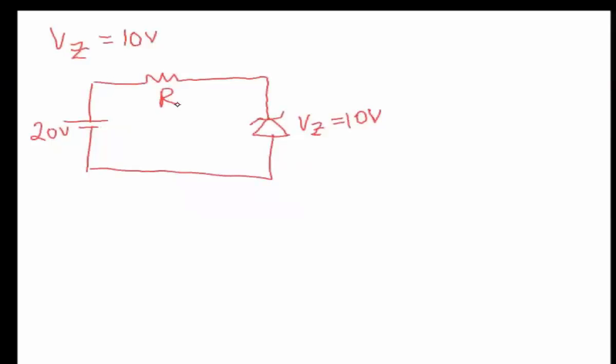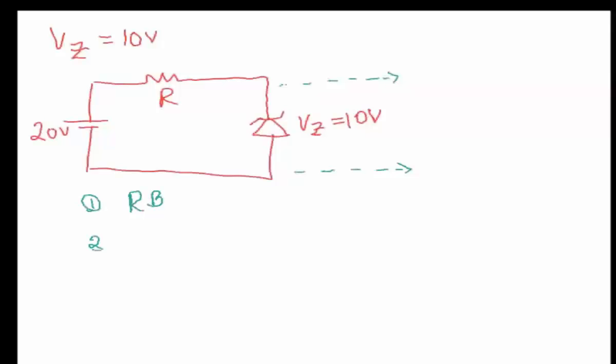So what is the voltage I'm going to read across this VZ? The first thing is you need to look: is the Zener reverse bias? That's the first condition, and yes, it is reverse bias.